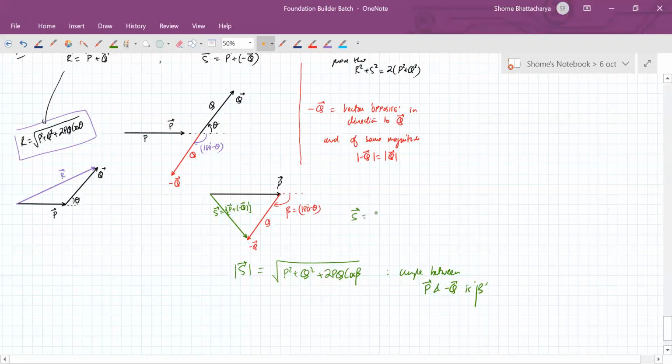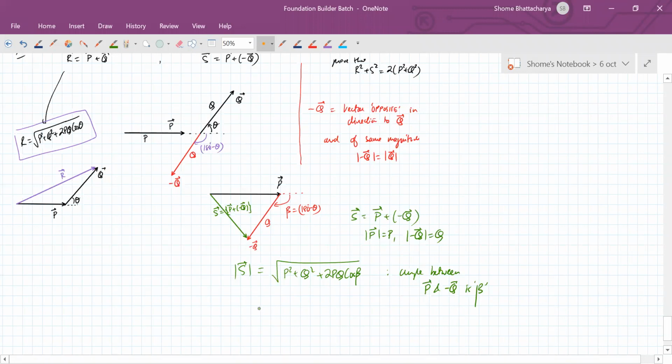S is p plus of minus q. So the mod of p is obviously p, but more importantly the mod of minus q is q. So you are substituting accordingly. So understood? You are substituting these two things and this thing over here.